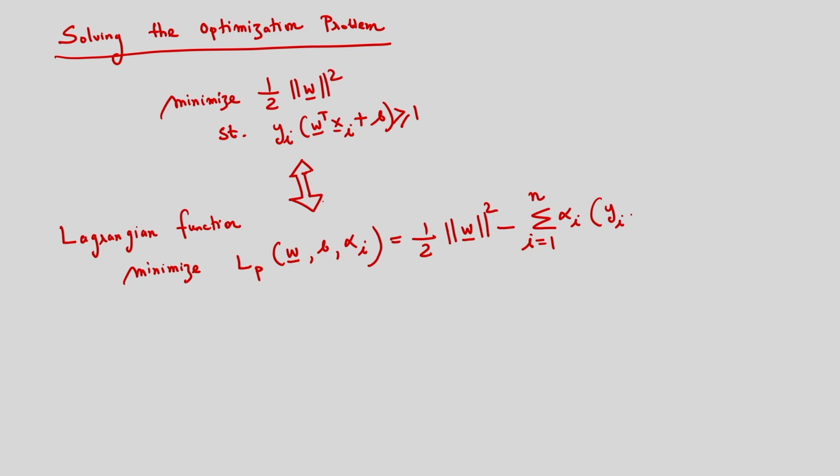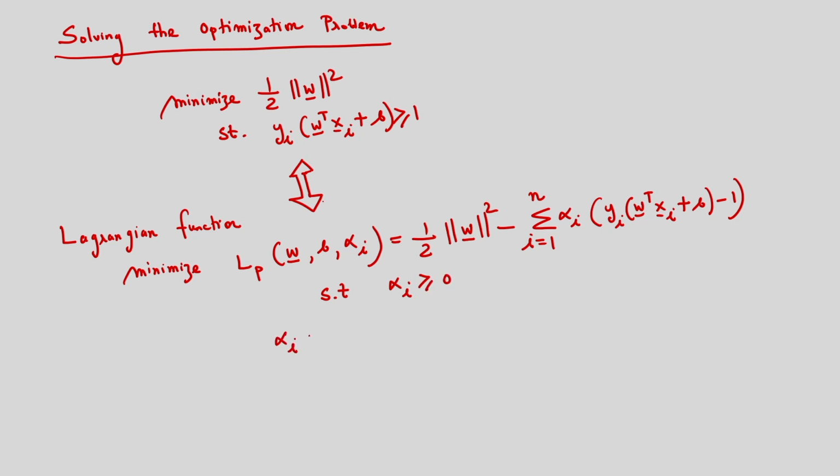Because we are considering linear constraints, we can consider the Lagrangian function for solution of this problem. yi (W transpose xi plus B minus 1), subject to the condition alpha I greater than equal to 0.